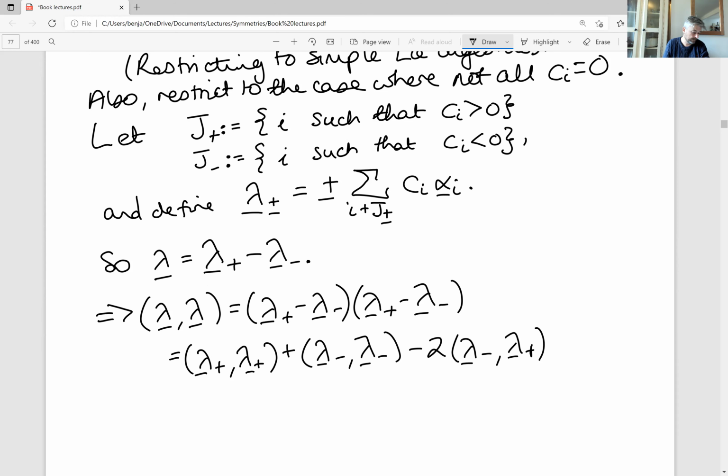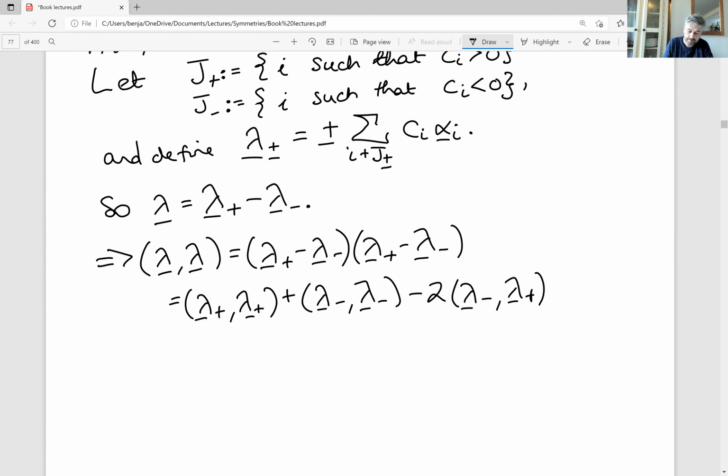There's only one extra term because of the symmetricity of the inner product. Okay, that's fine. These first two terms, from the Euclidean nature of the inner product, are positive. So this right-hand side is bigger than minus 2 lambda minus, lambda plus.